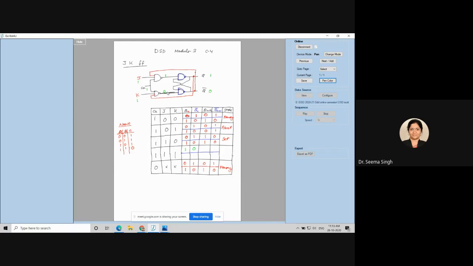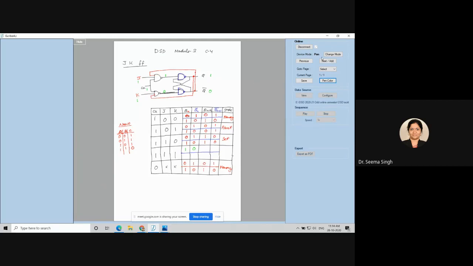So because the main input is coming as 0 here, we will have to see the working of this NAND gate, and it will not bother about this other feedback. As soon as it sees 0 here, it will make it a 1.